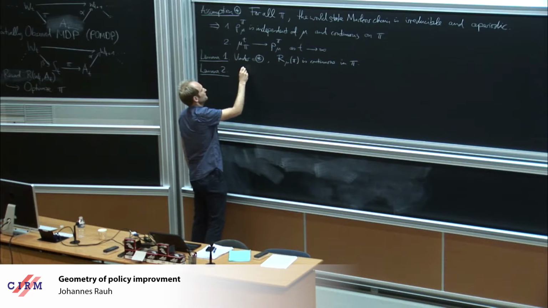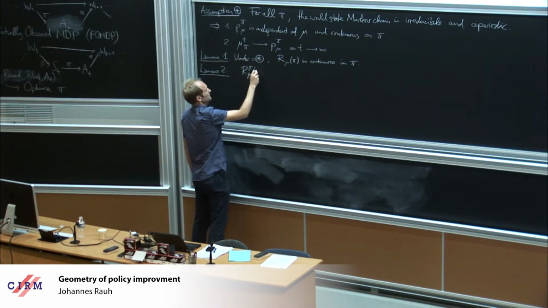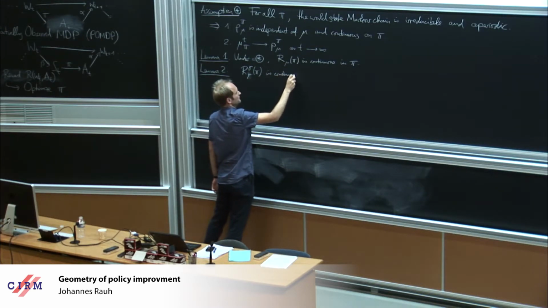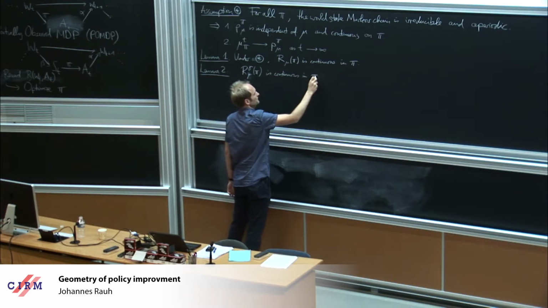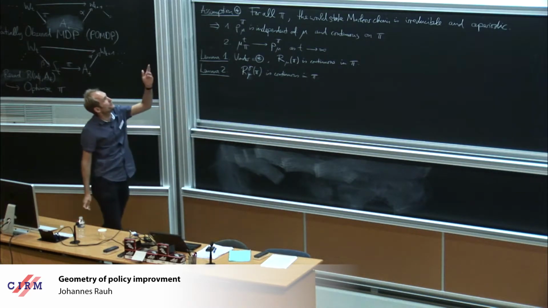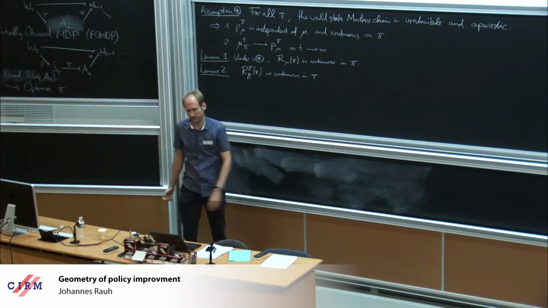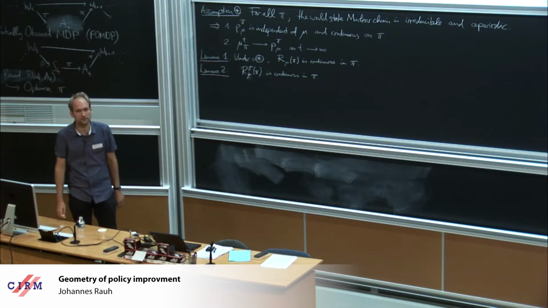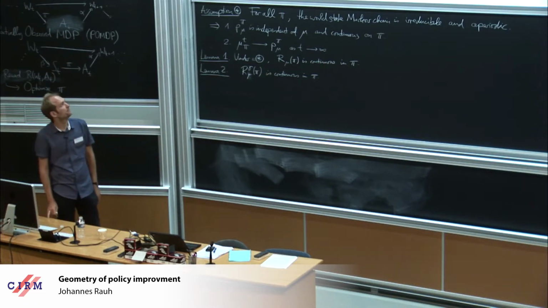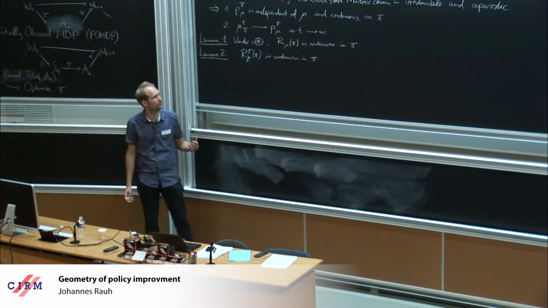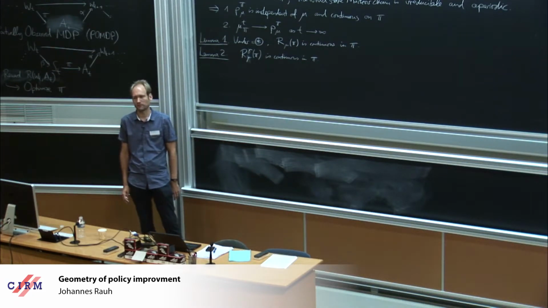So this is a bit better in the discounted case. Namely, this is always continuous. I mean, that's not so difficult to see if you look at this formula, but the reason why this average reward can become discontinuous is that the stationary distribution may not depend continuously on pi.